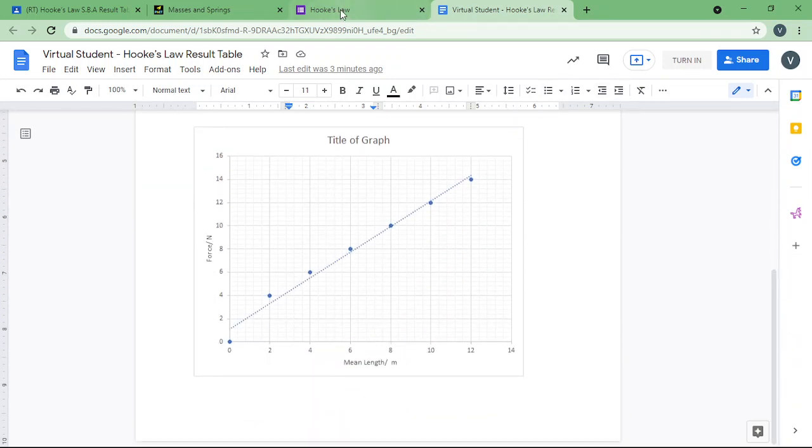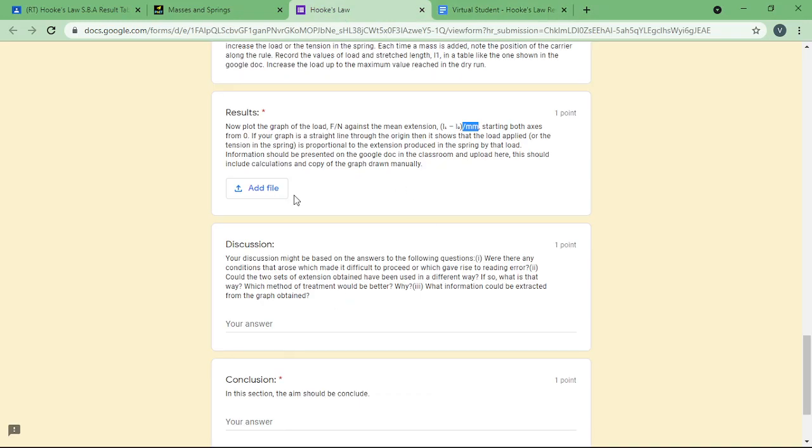Now let's see, after we draw our graph, we are expected, if your graph is a straight line through the origin, then it shows that the load applied is proportional to the extension produced in the spring by that load.